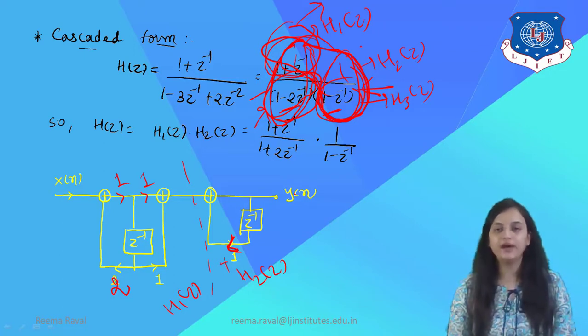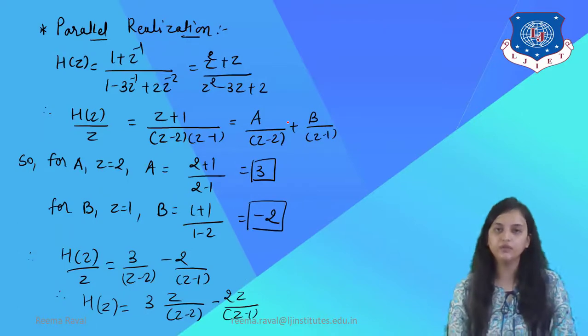Now we will obtain the parallel form realization. To obtain the parallel form structure, we need to use the PFE method, which is called the partial fraction expansion method, because in parallel form structure we need to have the addition of these differential equations. That means to have that we need to find the constant values.